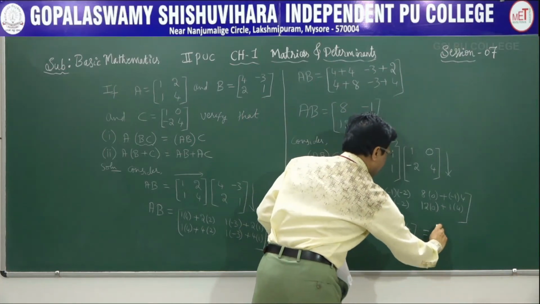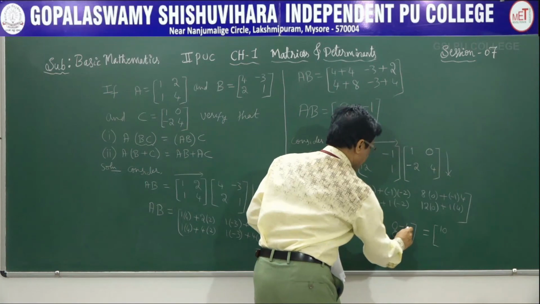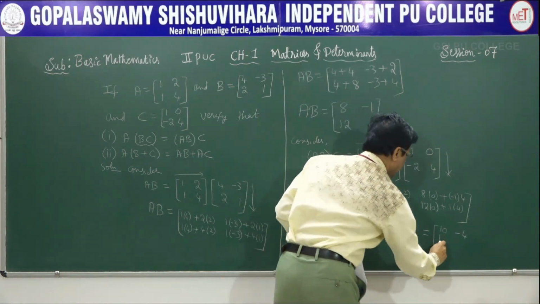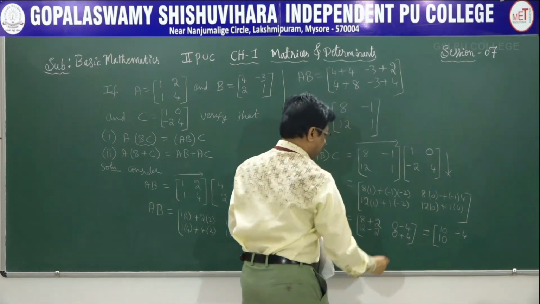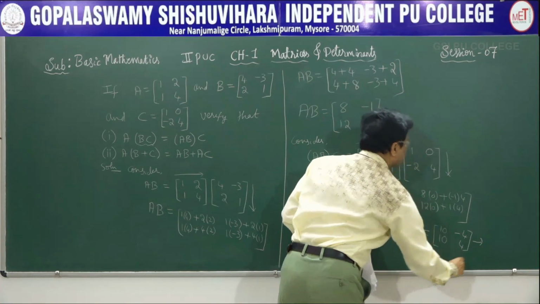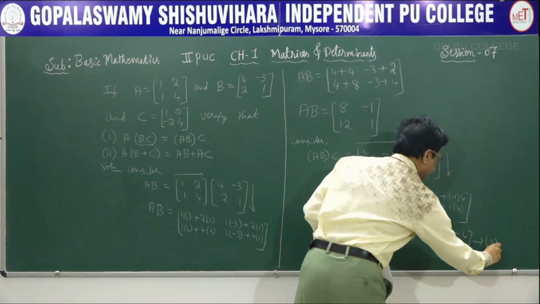So that equals 8 plus 2, 10, 0 minus 4, minus 4, 12 minus 2, 10, 0 plus 4, 4. We call this as equation 2.